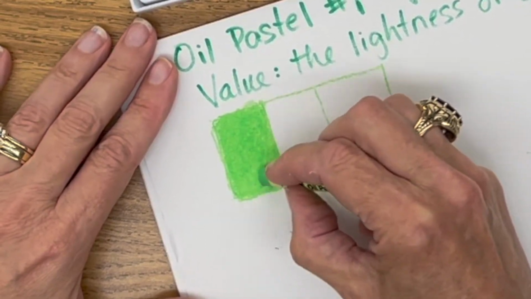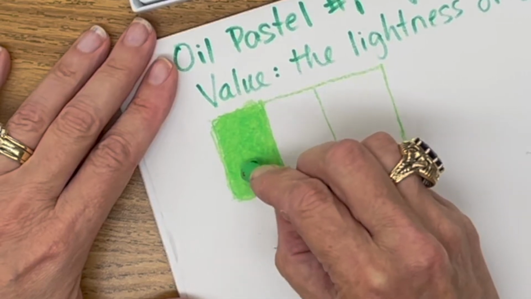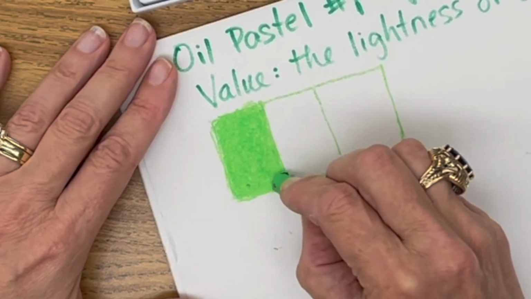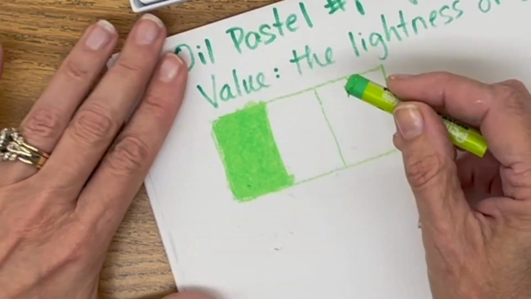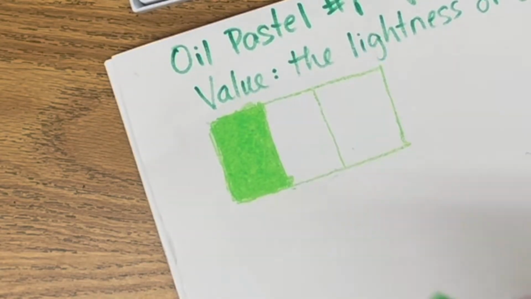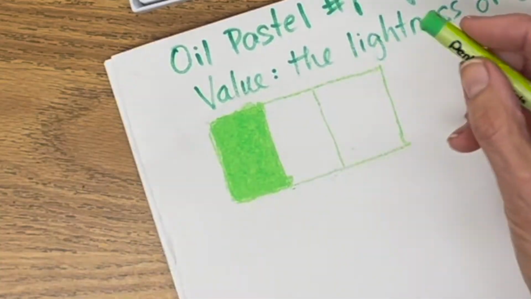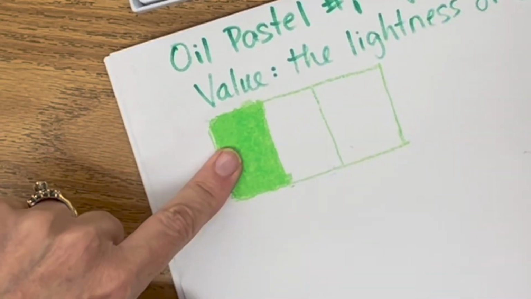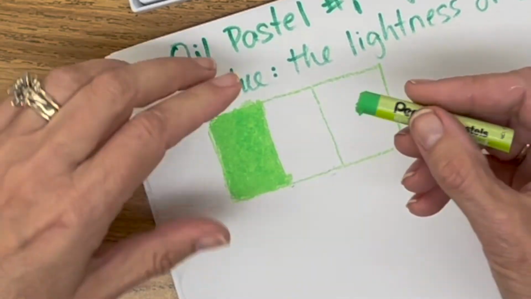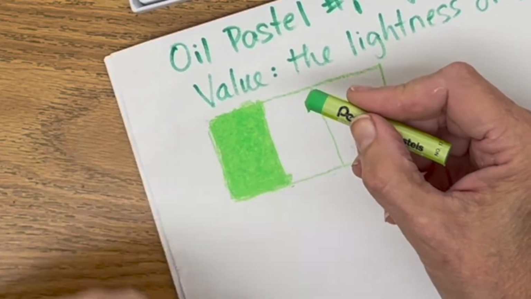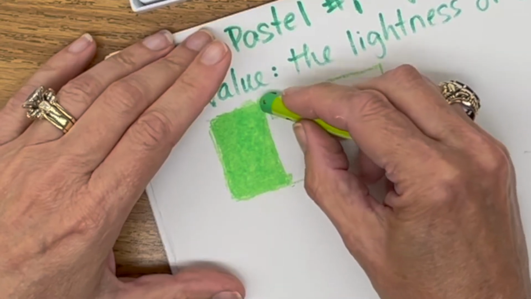That happens when the pastel is layered up as much as it can be on the paper. So that's the most intense value, the darkest that this color will go on its own. We can make it darker, but we're going to save that for another discussion.